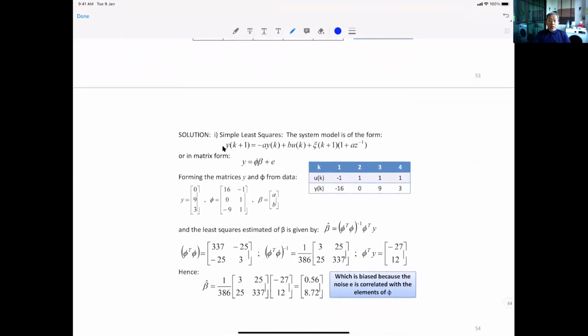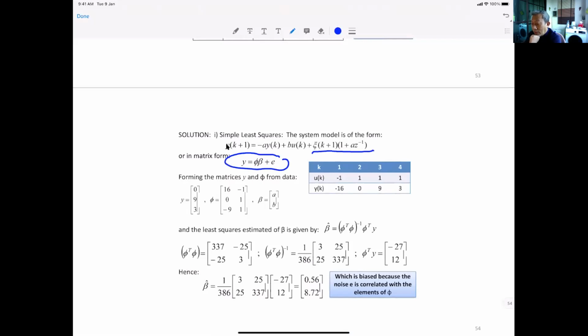Again, we are applying the difference equation: y k plus 1 equals minus a y k plus b u k plus the noise part, which is discrete white noise. Remember this equation, y is equal to theta beta plus e.